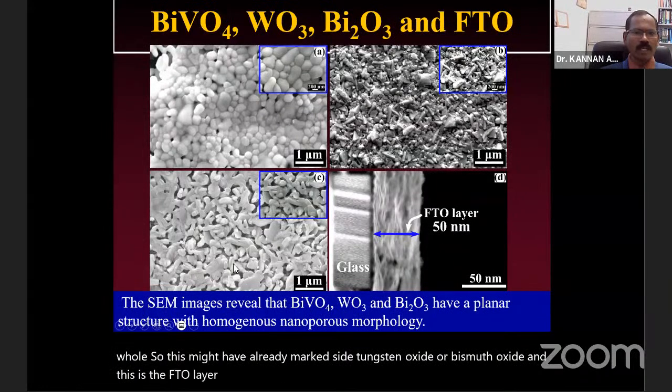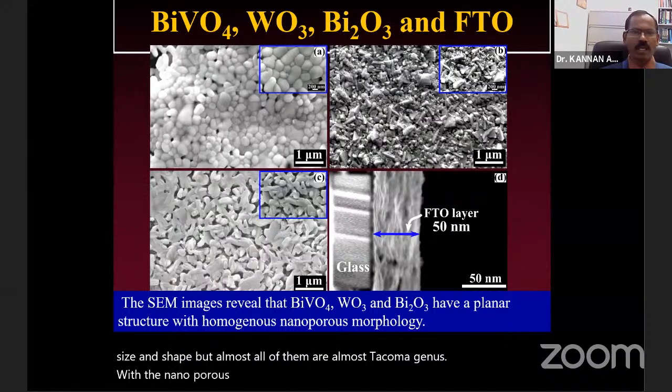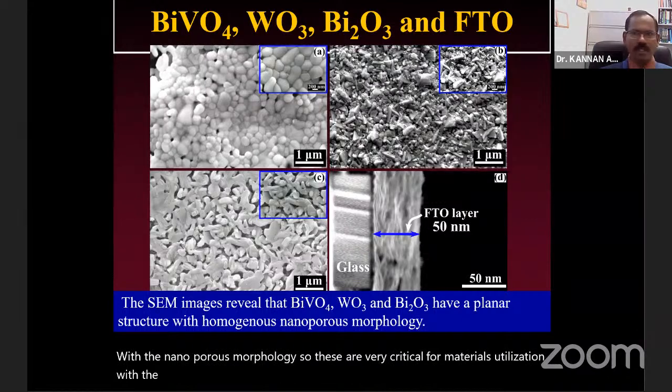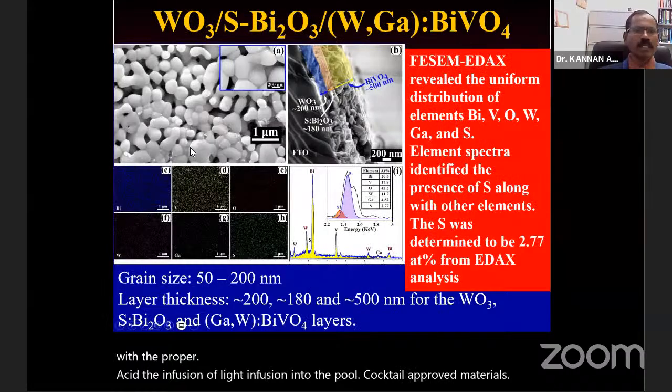All these materials have different particle size and shape, but almost all of them are homogeneous with a nano porous morphology. These are very critical for materials utilization with proper acid infusion or electrolyte infusion into the bulk of the electrode materials.